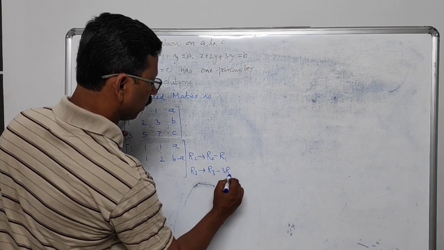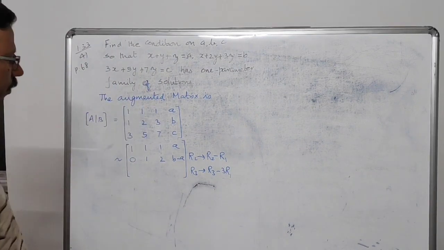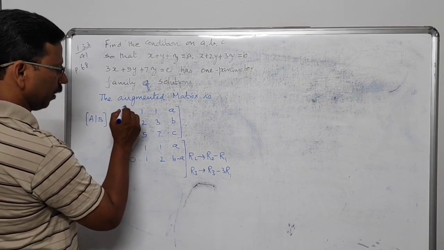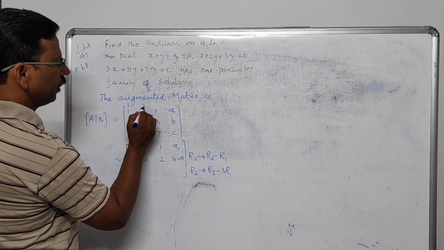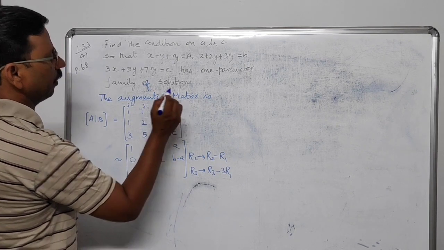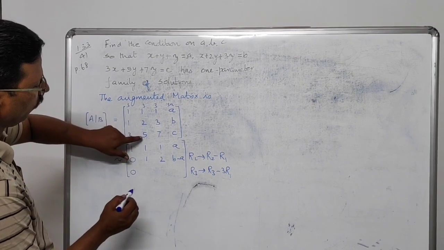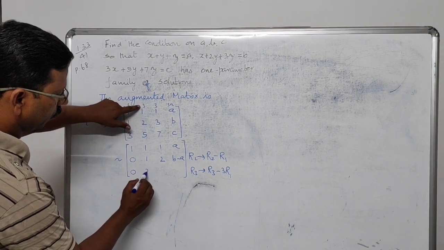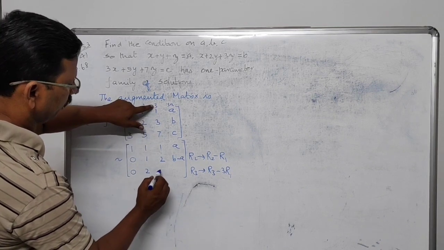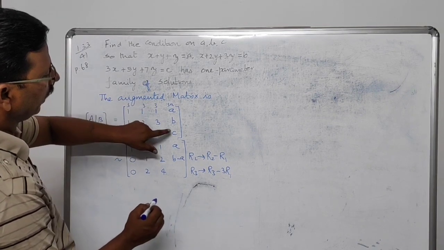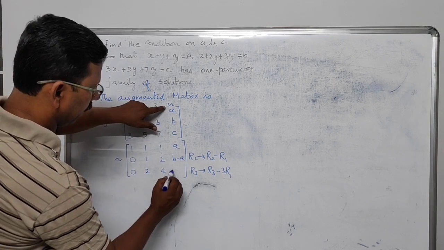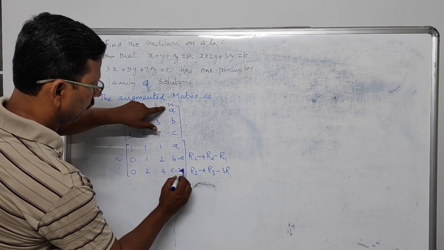If you multiply R1 by 3, you get 3, 3, 3, and 3A. Therefore, 3 minus 3 gives 0, 5 minus 3 gives 2, 7 minus 3 gives 4, and C minus 3A.